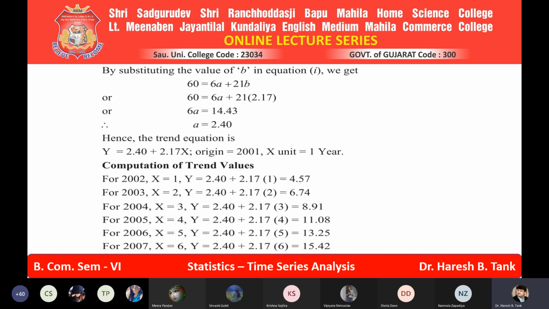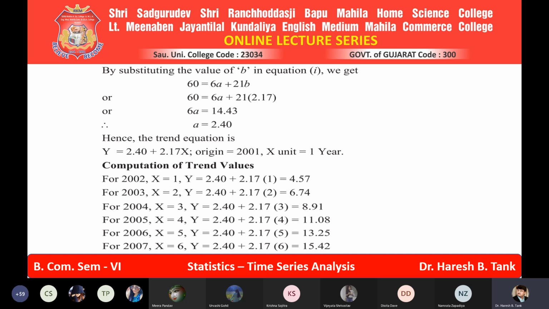What is the value of a? 2.40. Plus the value of b, which is 2.17, times x. This becomes a linear equation by which your values of x and y are modeled, or x and y are related.